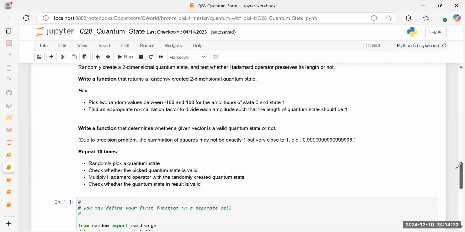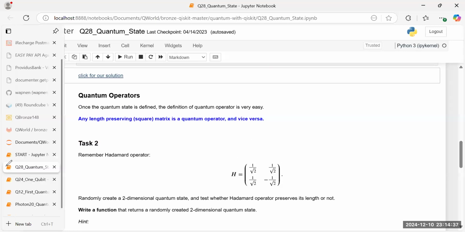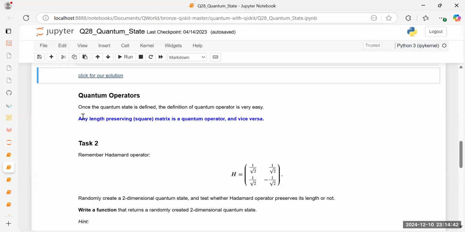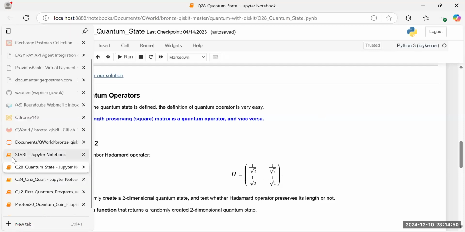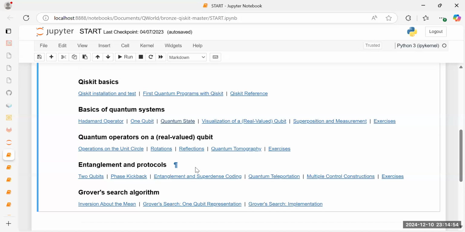So our quantum operator should still obey this rule. Our quantum operator should be length preserving, such that if we apply it to any quantum state, the results we get should still obey that rule. Okay, so let's move on to the next notebook.